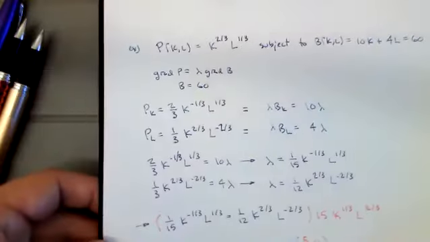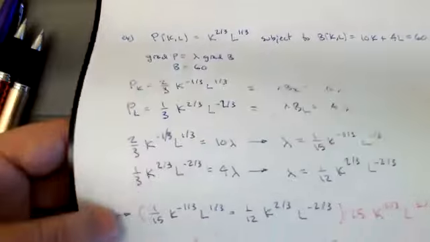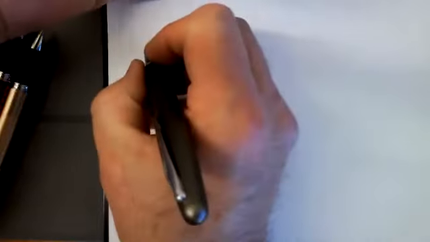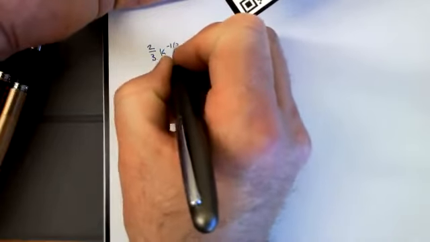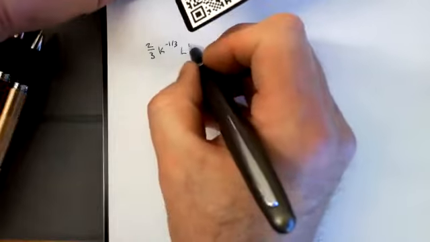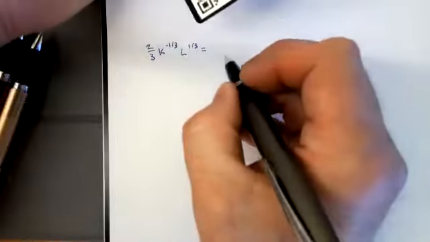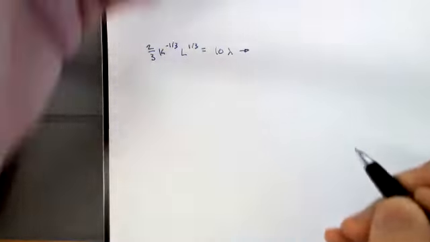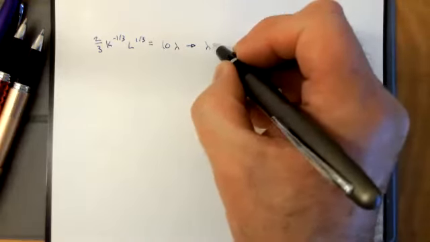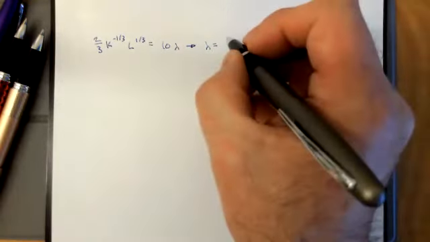So one of our equations was 2/3 k to the negative 1/3 times L to the 1/3 is equal to 10 lambda. So we could solve for lambda as 1/15.